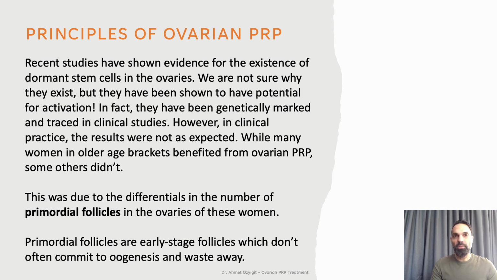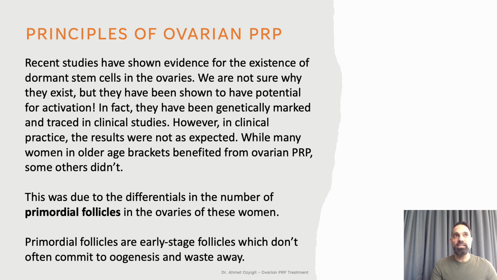So the aim of ovarian PRP treatment is to help get these primordial follicles reach the ovulation stage. In healthy ovaries as well, for example, in women who do ovulate, who are younger in their 20s, 30s, who have healthy ovulations, they do have a lot of primordial follicles.